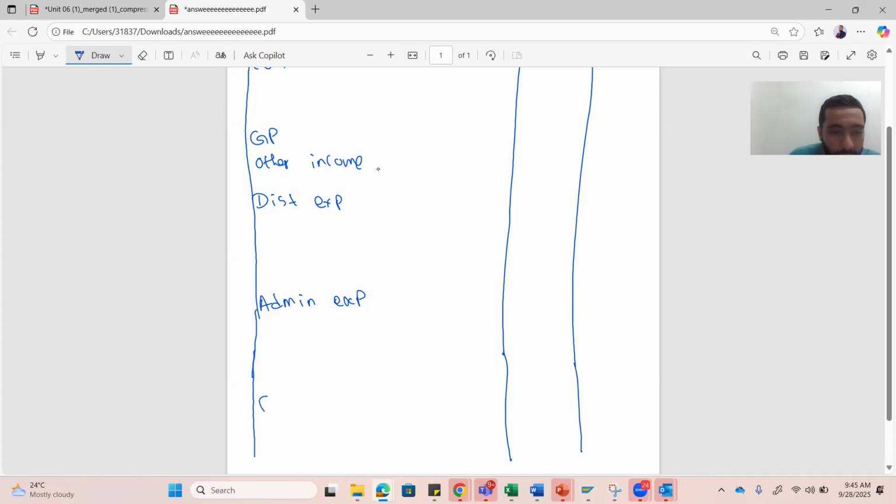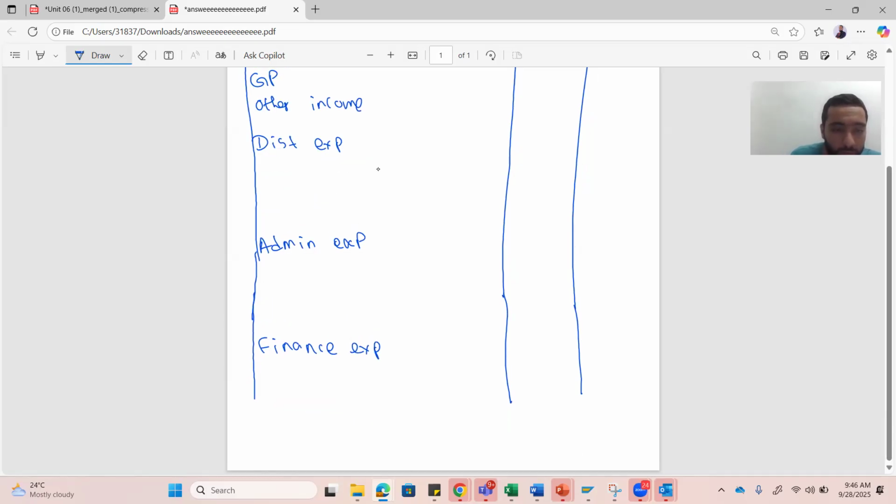The next one will be finance expense. Finally, what you have to do? To get the other expense also. And then you can find net profit or loss. So this is the first step. First, you have to draw the format.